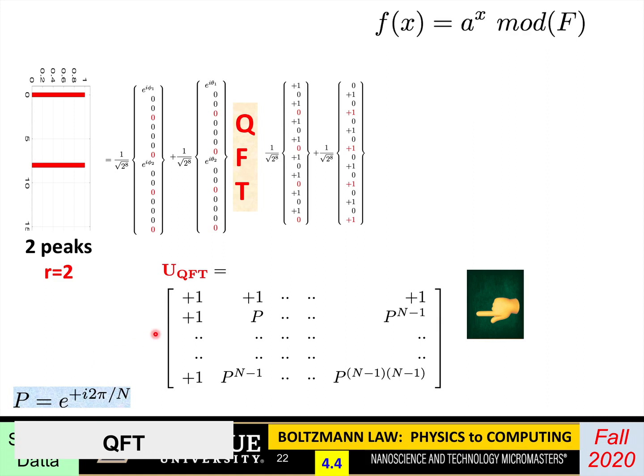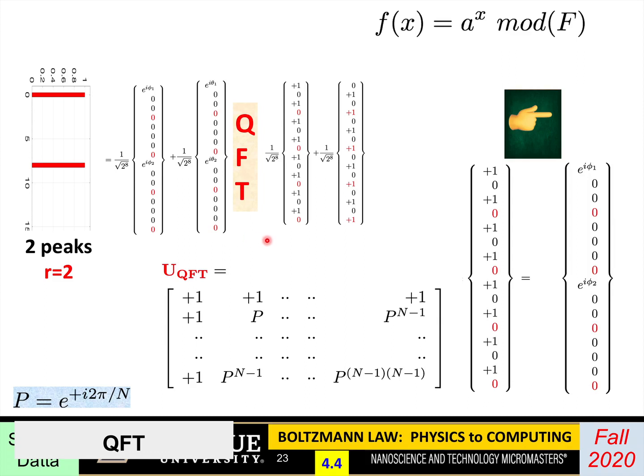And this is exactly the definition of Fourier transforms. In fact, it would be like a discrete Fourier transform, when you have discrete samples. So you're transforming the coefficients of all these different states, right? And that's what this QFT does.